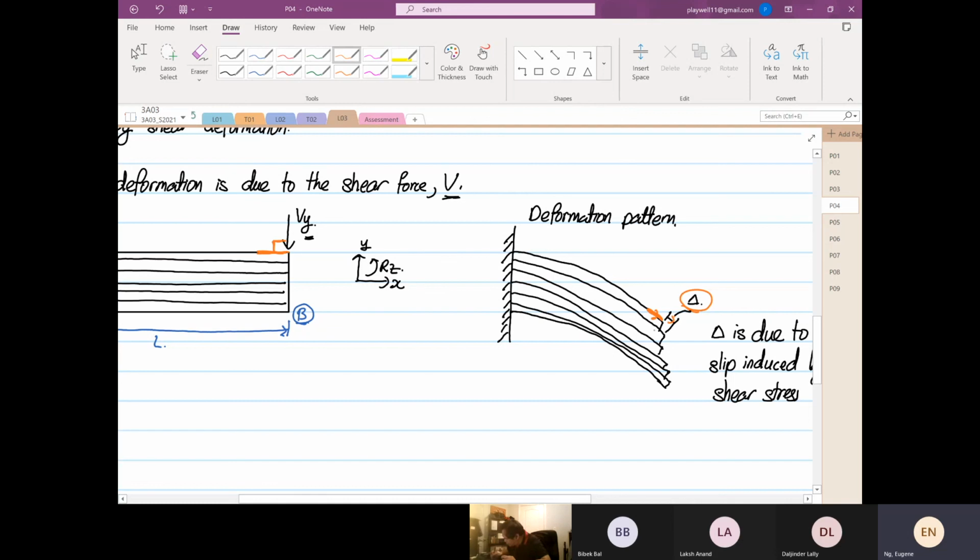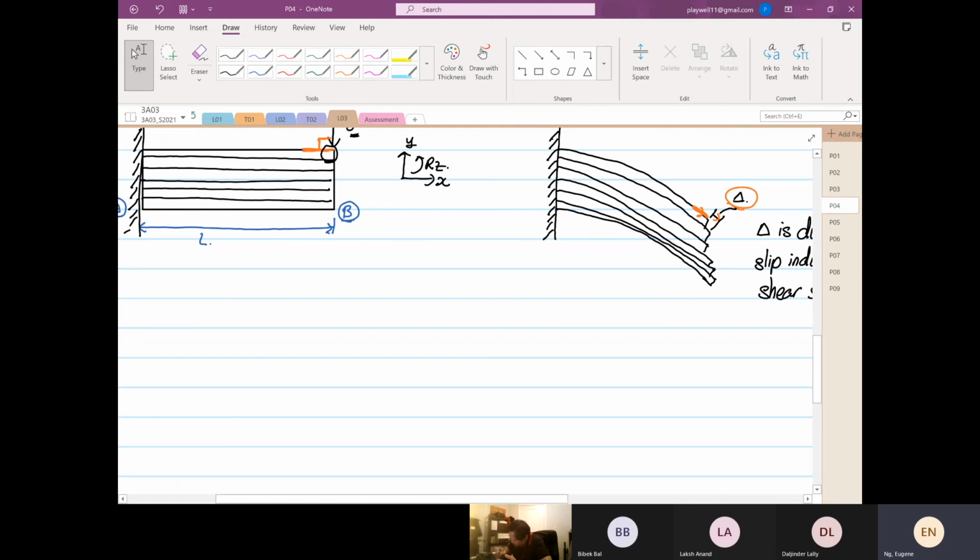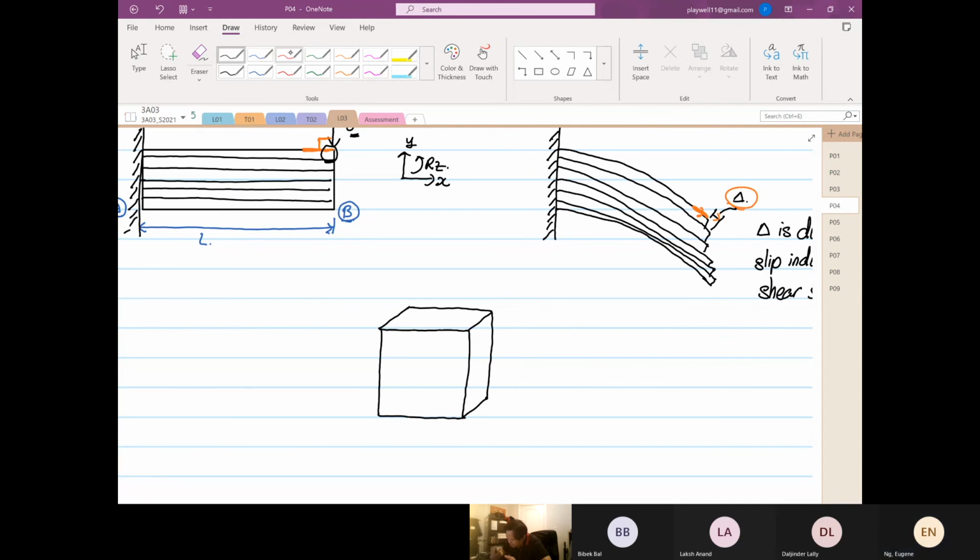If we pick an element down here, I'm going to draw a 3D element. The force V is applying down here.